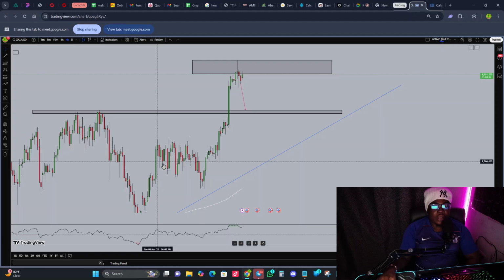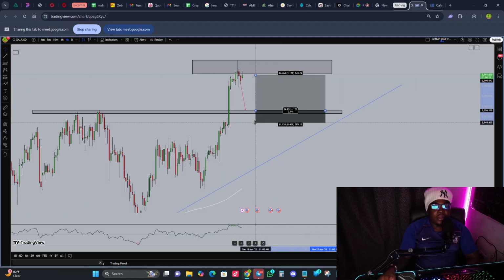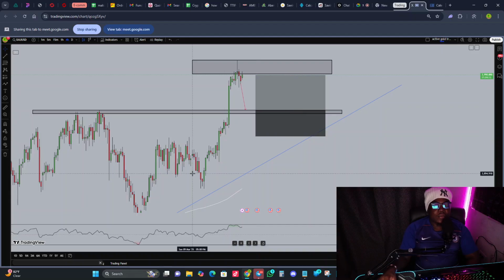What you could do, if again there are dojis or wicks on top here, is take an aggressive entry if you want. I don't recommend doing it, but you can. You can take an aggressive entry and put your stop loss below that previous low, something like this, and then hold to see if you get the move above.